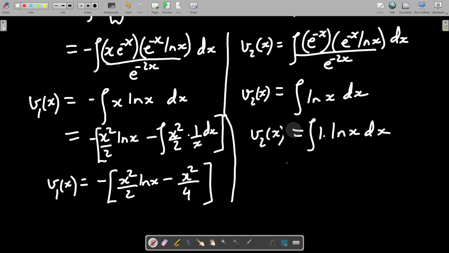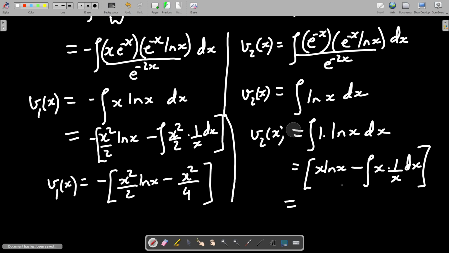So after integrating, what will I get here? I'll get x ln of x. I'll integrate 1, differentiate ln x, minus integral of x into derivative of this, x dx. x and x will cancel and you get back integral of 1. That will leave you with x ln of x minus x.